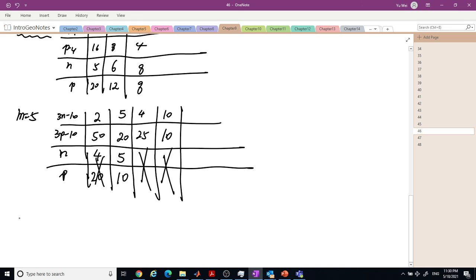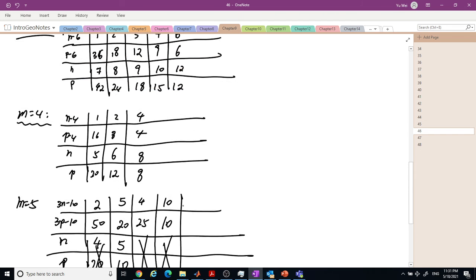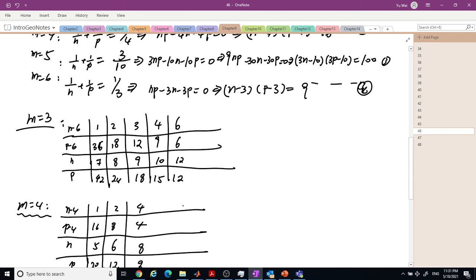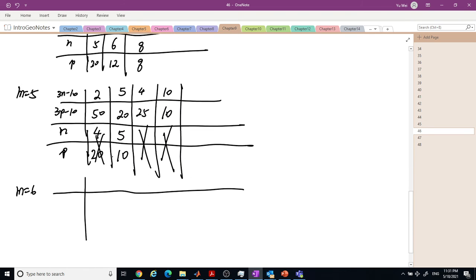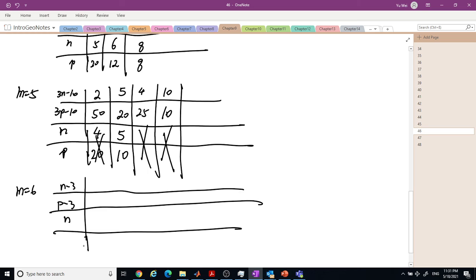Now the final case is m equals 6. If m equals 6, we have (n minus 3)(p minus 3) equal 9. Then we solve for n and p.